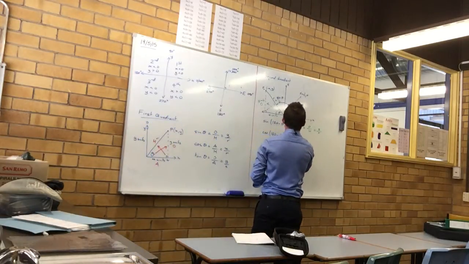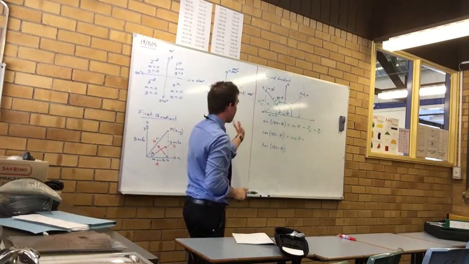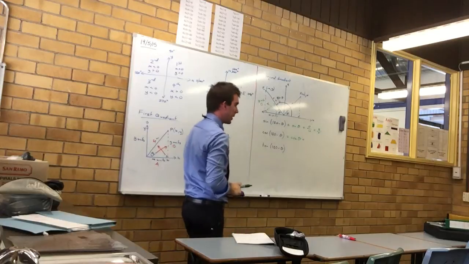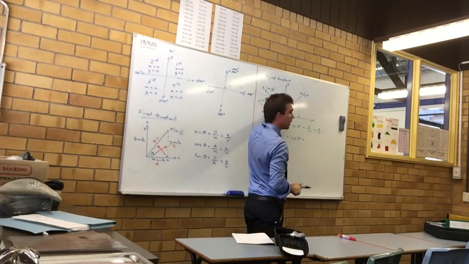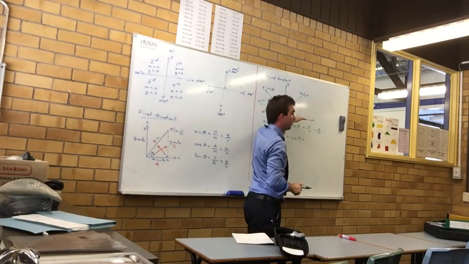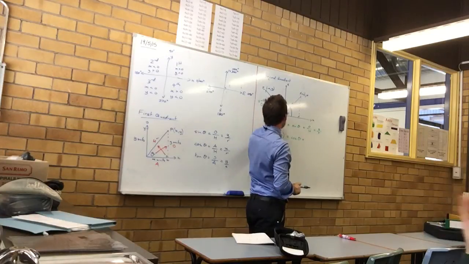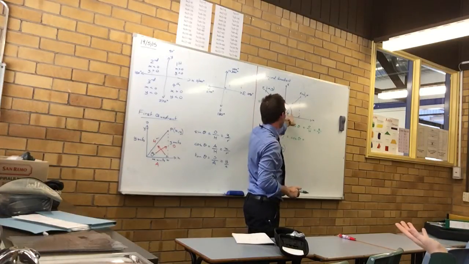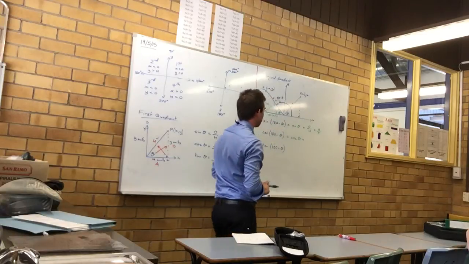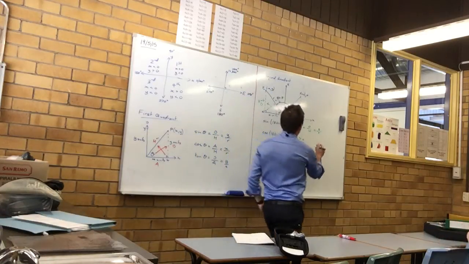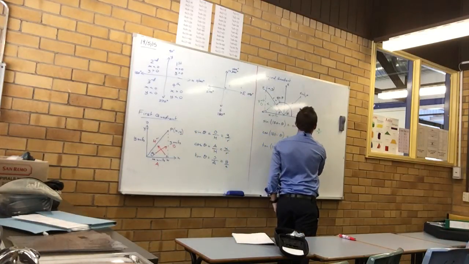Cos of 180 take away theta is going to be the same as cos of theta going back the other way. Going from here to here is the same because of the flat horizontal plane, going back the same angle theta that we did in the first quadrant. So that's adjacent over hypotenuse.